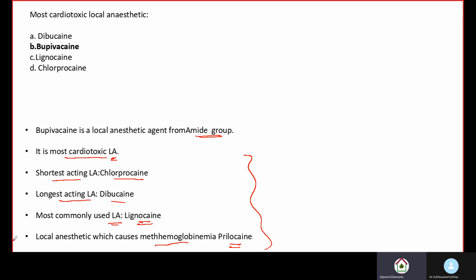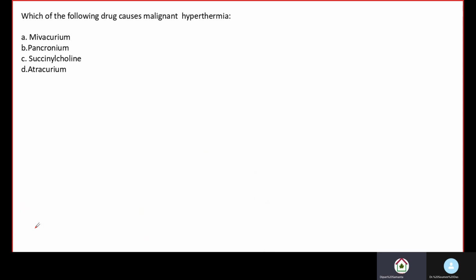All these extremes must be remembered: shortest acting LA, chlorprocaine; longest acting LA, dibucaine; most commonly used LA, lignocaine; methemoglobinemia, prilocaine; and most cardiotoxic LA, bupivacaine.